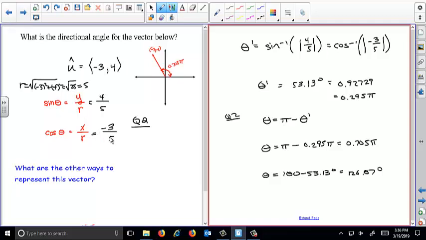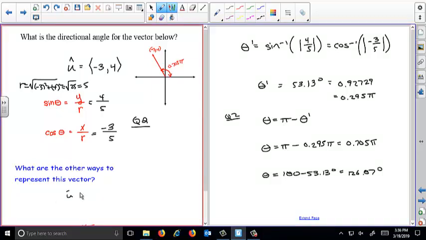And it says, what are the ways to represent this vector? Well, one way is to say the vector u is equal to negative 3i plus 4j. Another way to do it is to take the magnitude, which is 5, and multiply that by the directional angles.